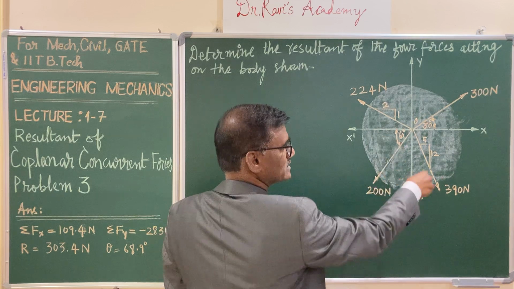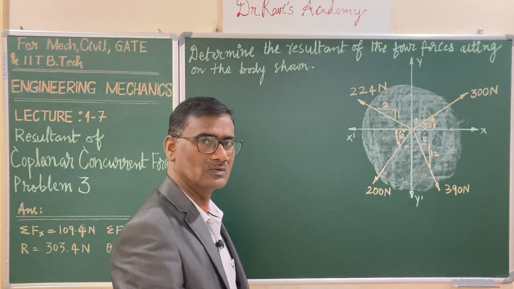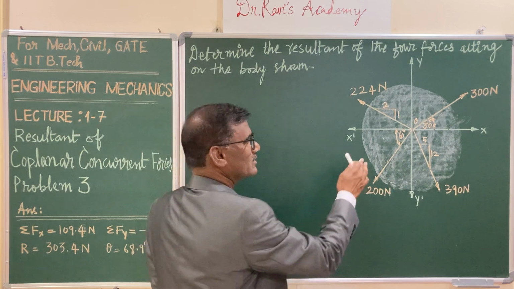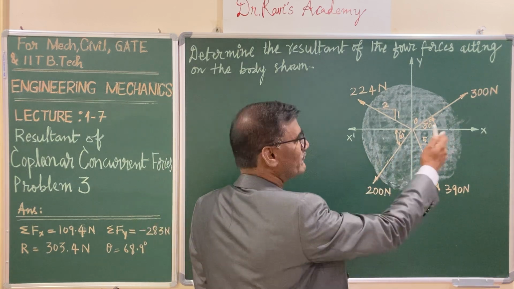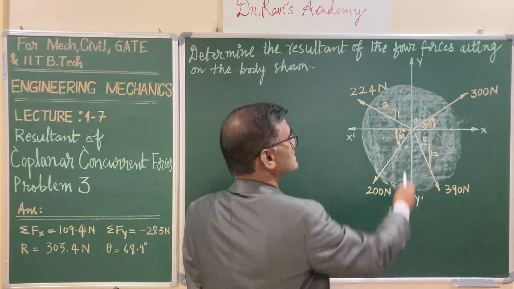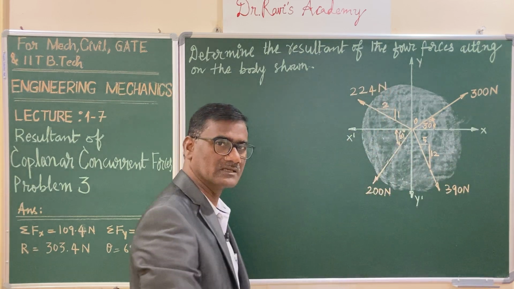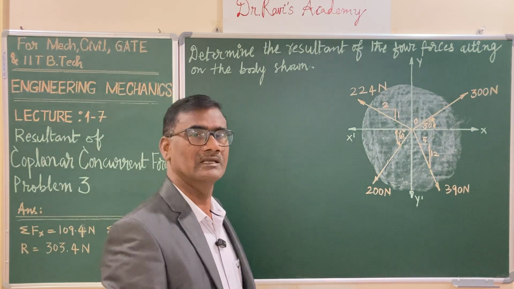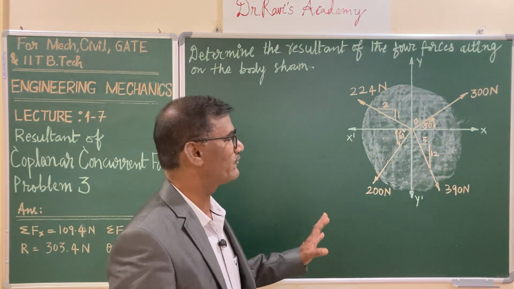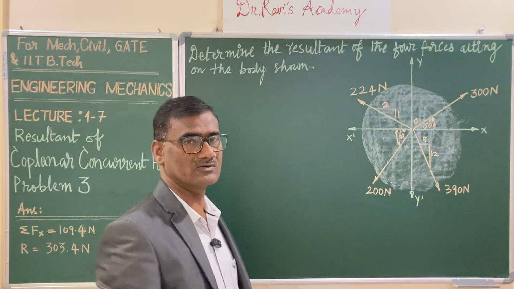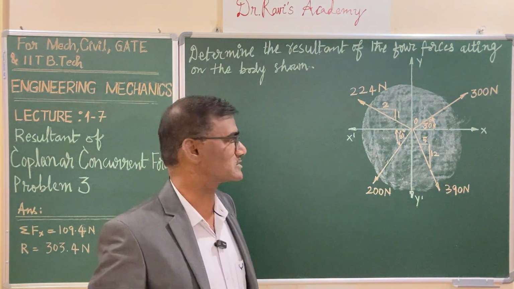Likewise, four forces are divided into 8 components altogether, and then you find the sum of all the forces along the x direction, that is sigma Fx, and the sum of all the forces along the y direction, sigma Fy. That means you are doing composition of the forces, and from sigma Fx and sigma Fy you find a single force. That is the resultant of the given system of forces.